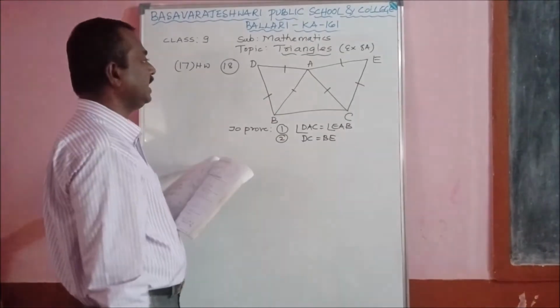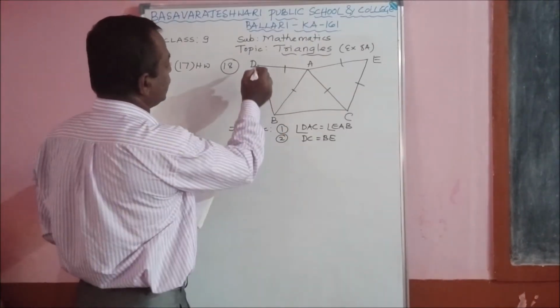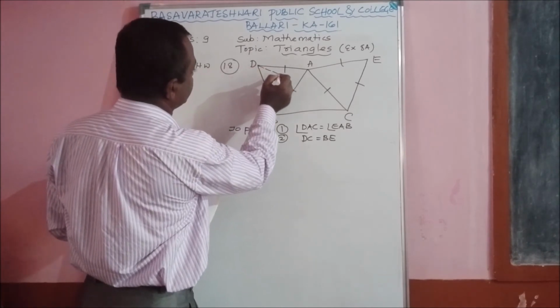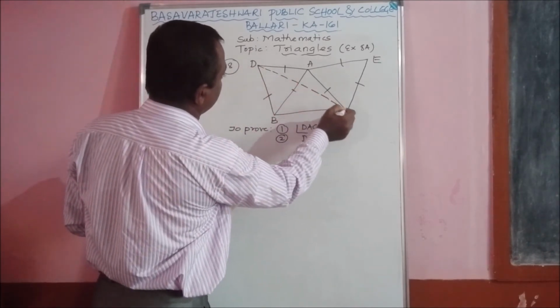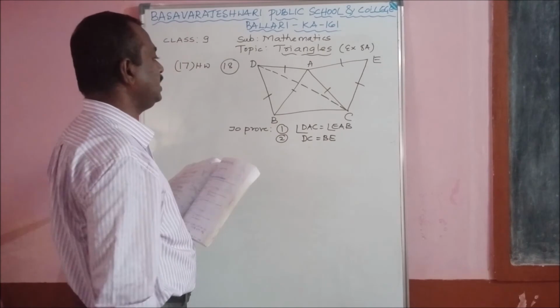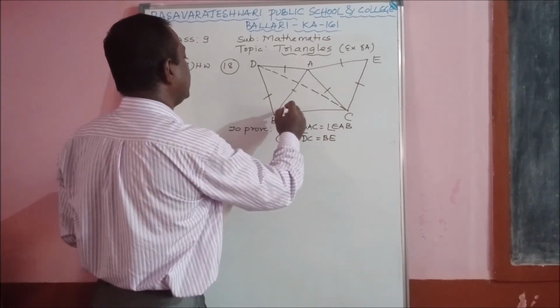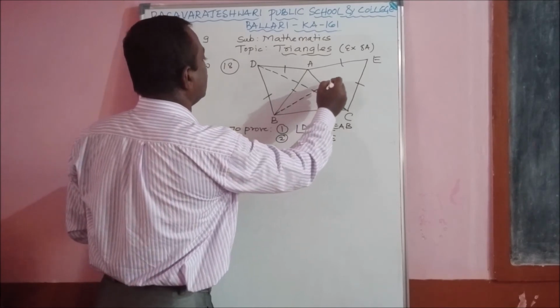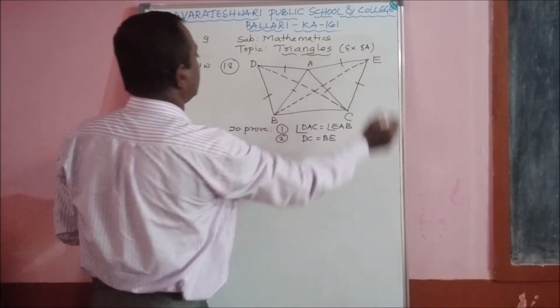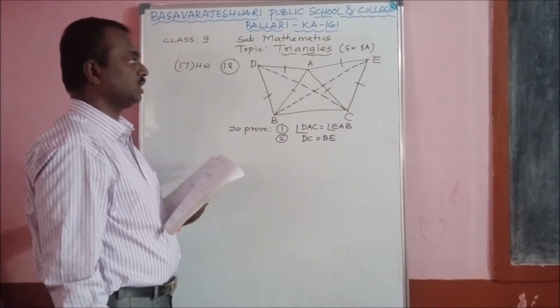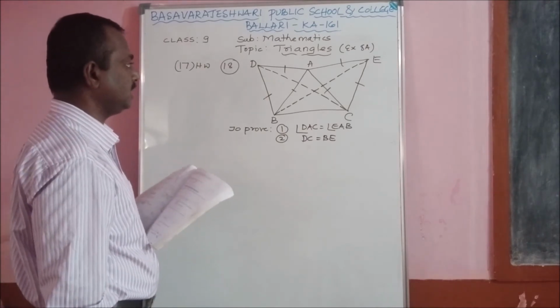Now, in order to prove DAC, we have to join DC, and for EAB, that means we have to join BE. Correct? We have to join BE.